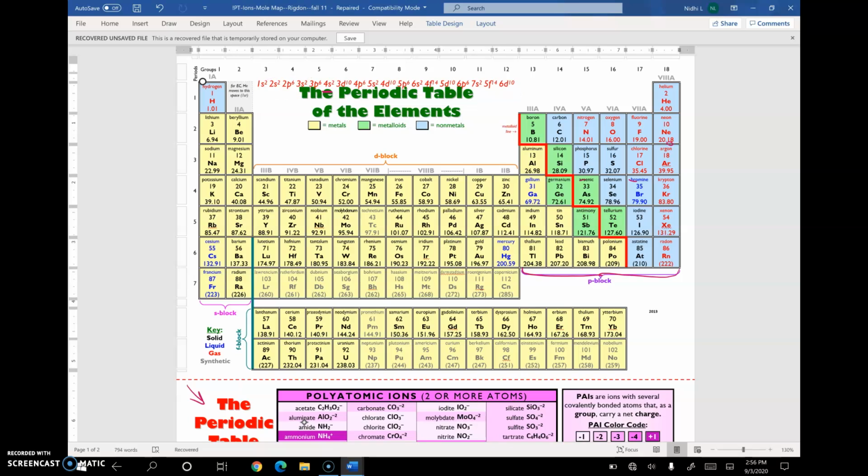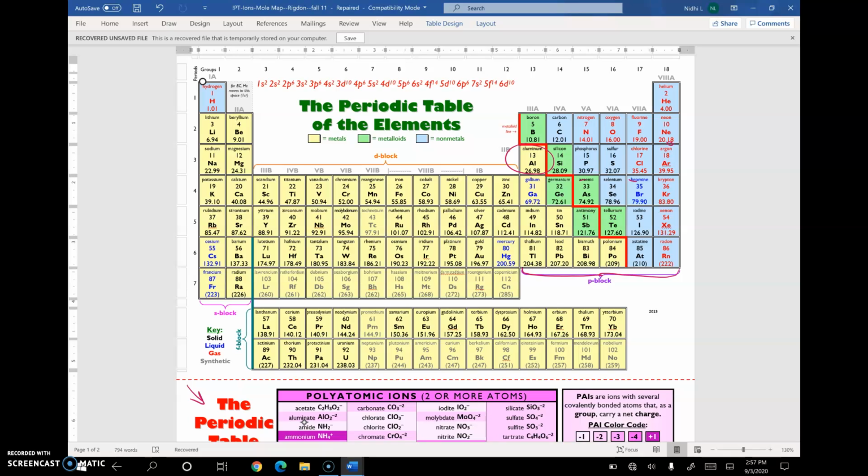Which means that aluminum is in the P zone. Aluminum's configuration is 3p1. It's in period 3 and its configuration is 3p1.